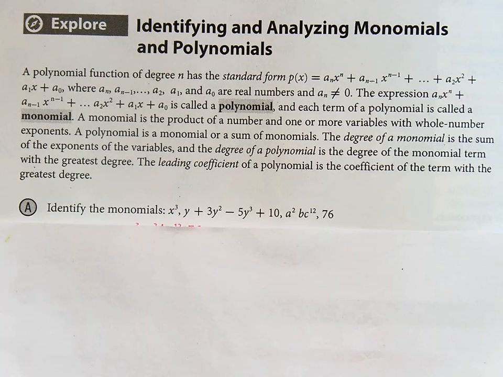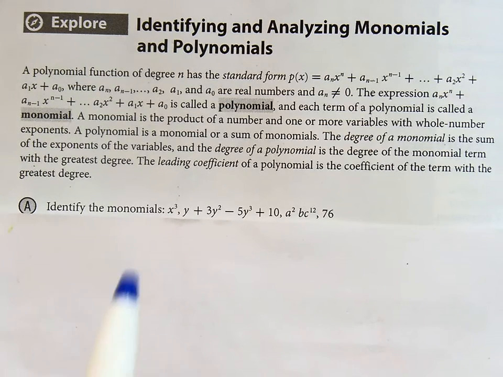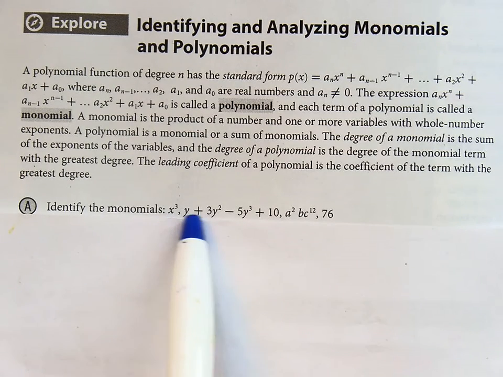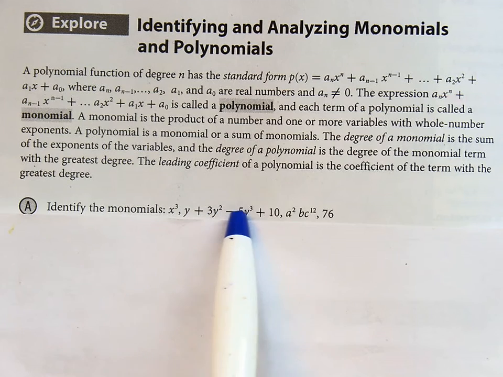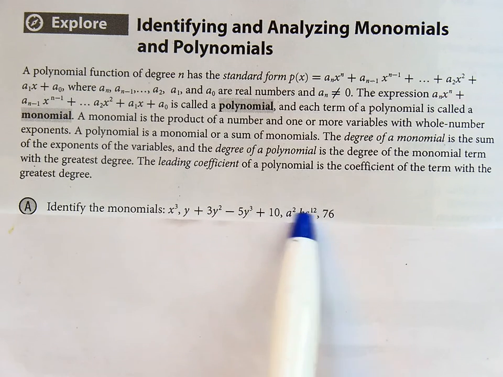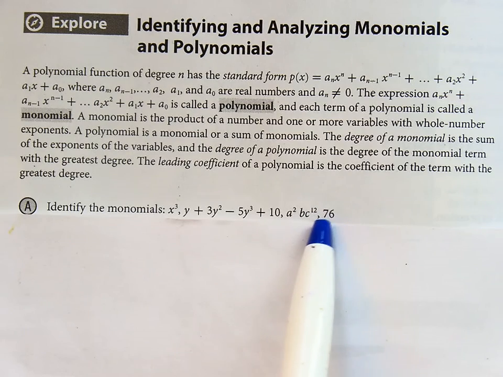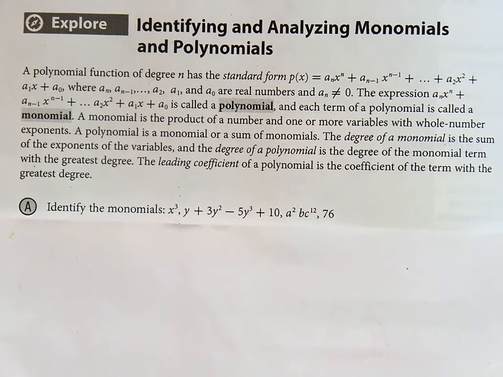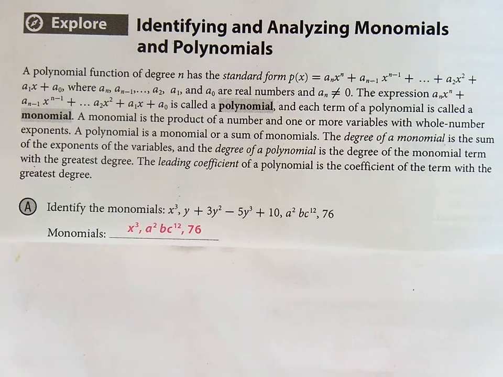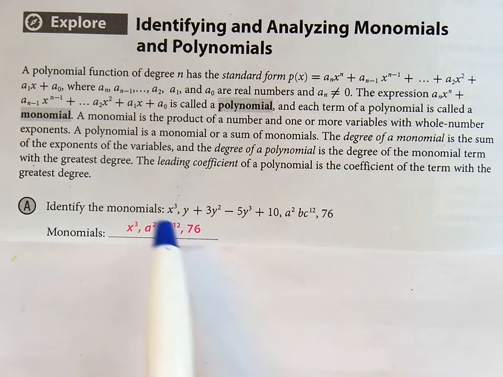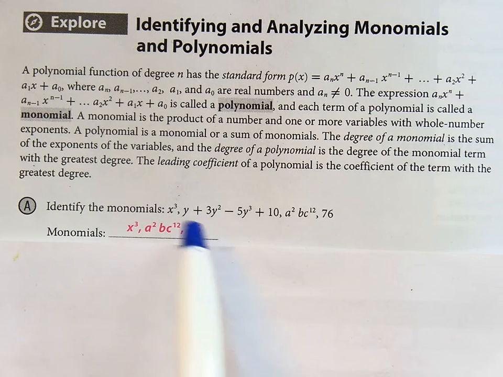So identify the monomials. So we have here's one group, and here is another group, and here is a group, and here's a group. So they want you to find the monomials. These ones are monomials because if you notice, this one here doesn't have anything added to it.